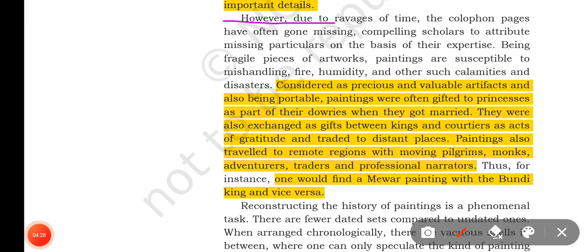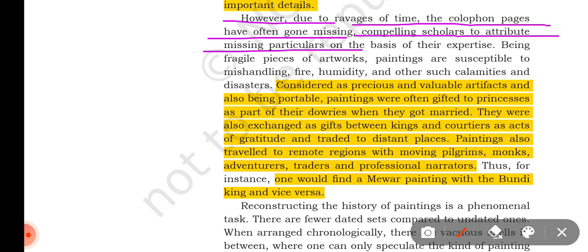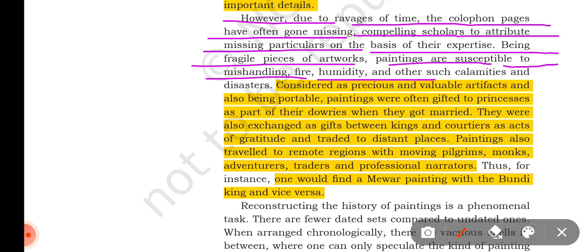However, due to the ravages of time, the colophon pages have often gone missing, compelling scholars to attribute the missing particulars on the basis of their expertise. Being fragile pieces of artwork, paintings were susceptible to mishandling, fire, humidity, and other such calamities and disasters.